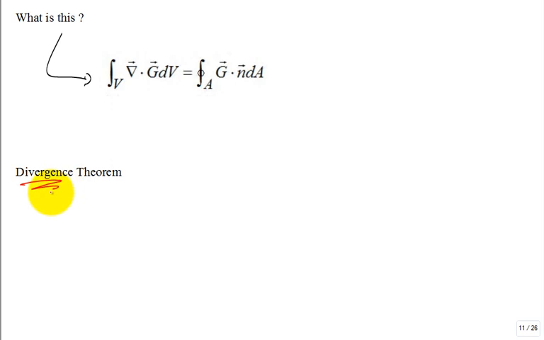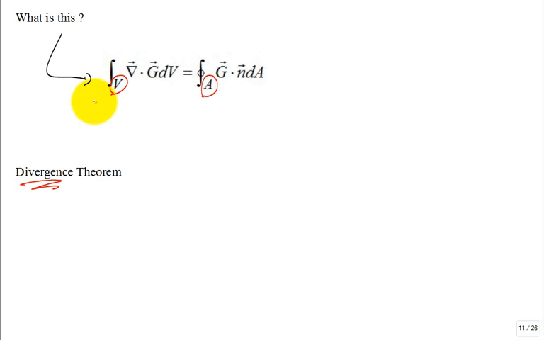Yeah, the divergence theorem, right? So what is the beauty of the divergence theorem? That's exactly it. It converts an area integral over an enclosing surface to a volume integral over that volume that was enclosed by the area.